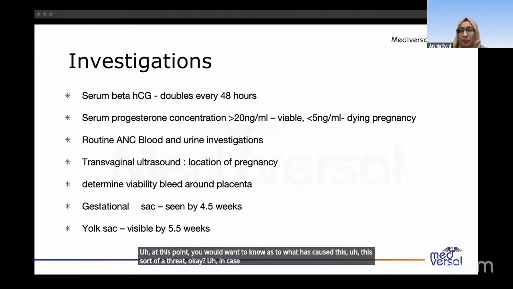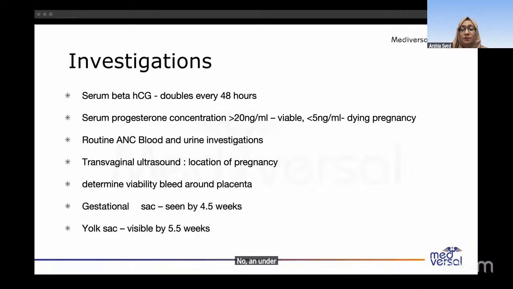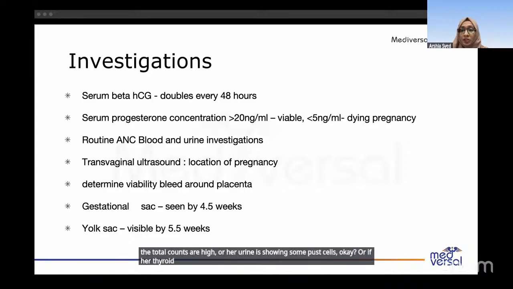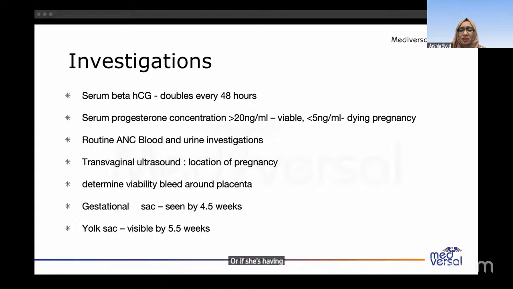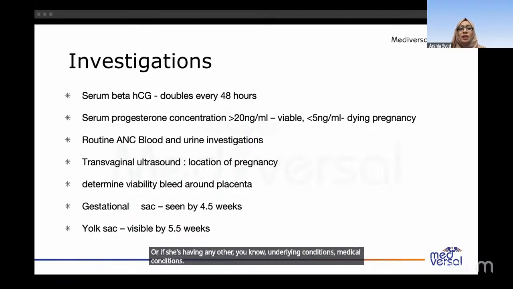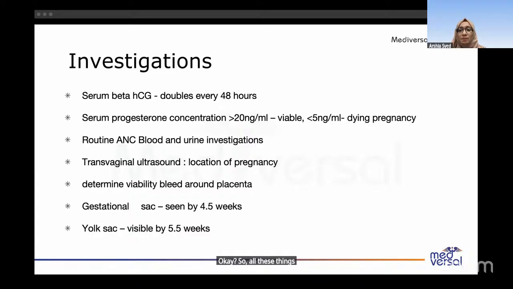In case the patient is anemic or has an underlying infection, her total counts are high, or her urine is showing some pus cells, or if her thyroid levels are deranged and she's hyperthyroid, or if her blood sugars show that she's diabetic, or if she has any other underlying medical conditions, all these things you need to pick up by doing routine blood investigations.